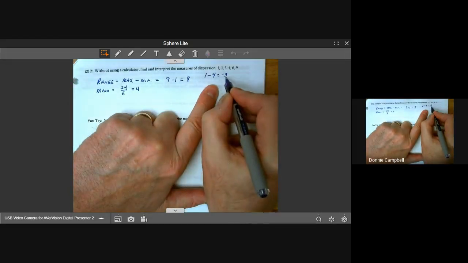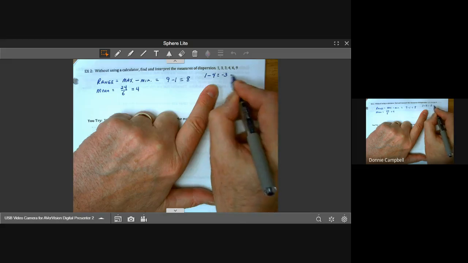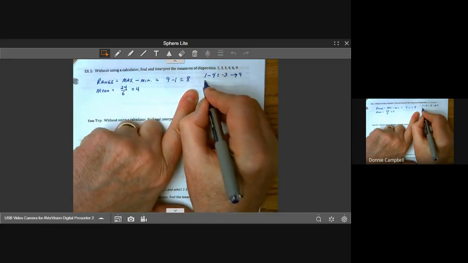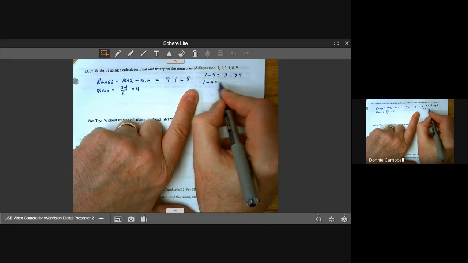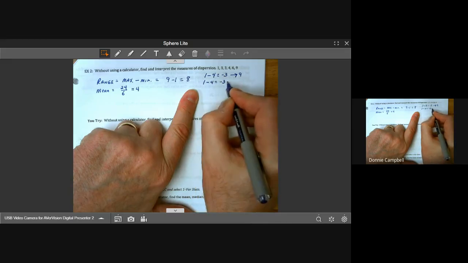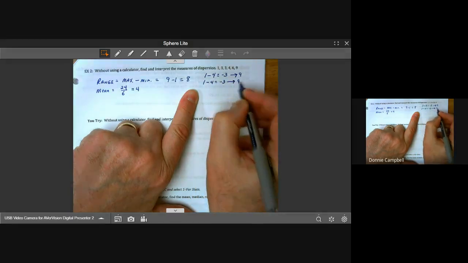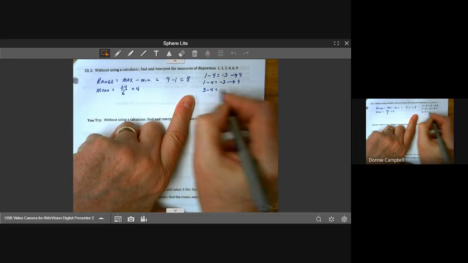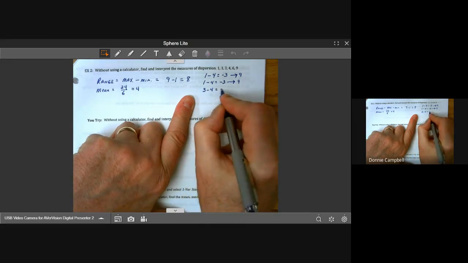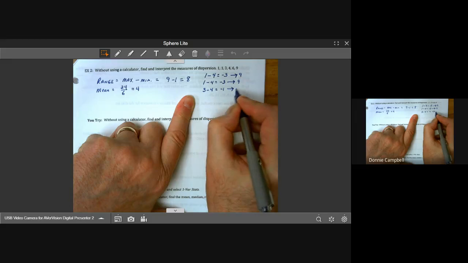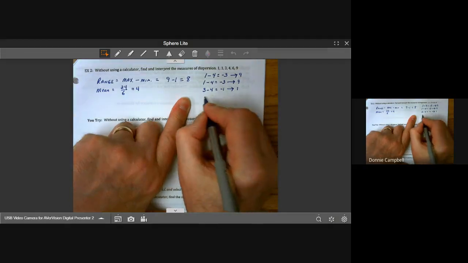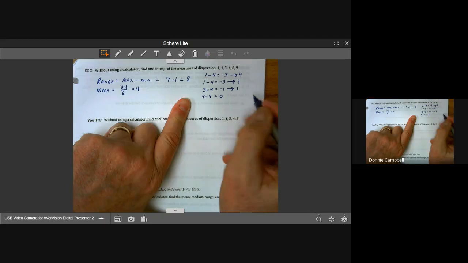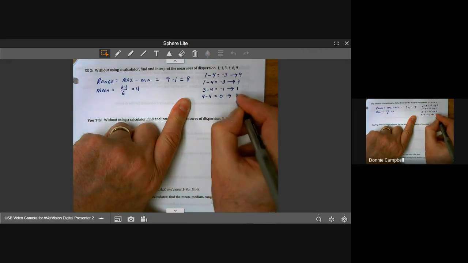Then I'm going to square the -3, which gives me 9. Then I'm going to take the next number, which is also 1, subtract 4, I get -3. Then I square it, I get 9. Then I take 3 minus 4, which gives me -1. Squared would be just 1. Then I do 4 minus 4, which is 0. And of course, 0 squared is 0.